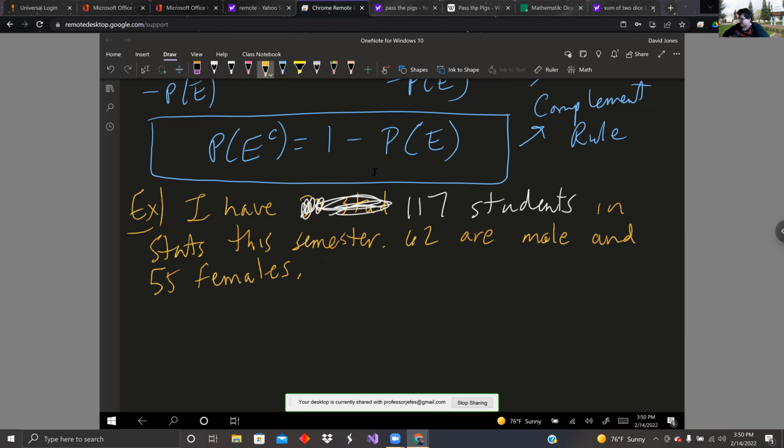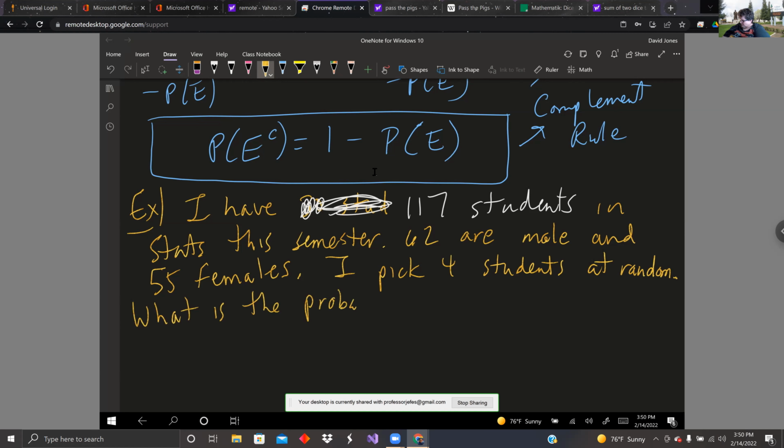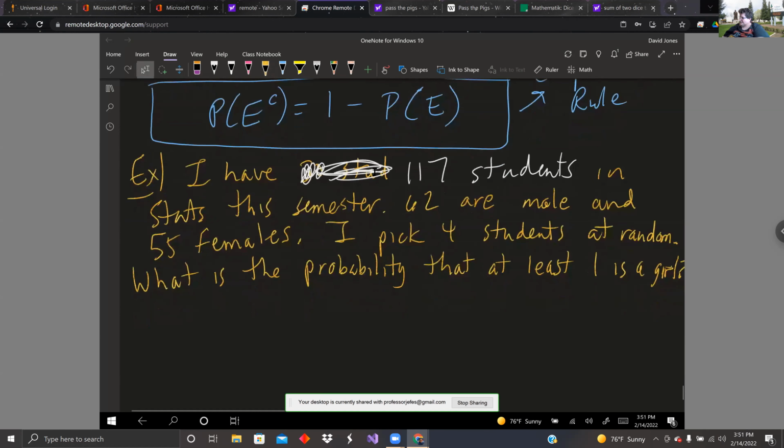I picked 4 students at random. What is the probability that at least one is a girl? That's my question right now.